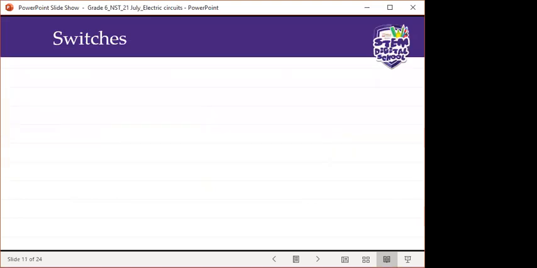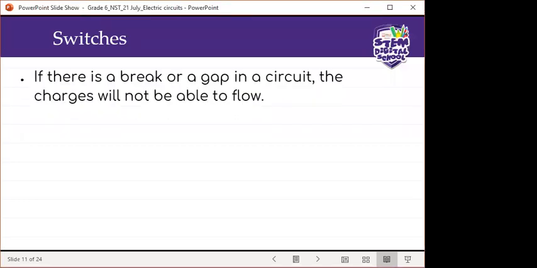Okay, so now we are moving on to switches. Remember we said that switches are also called process devices in a circuit. Let's see the information that we have on switches. Okay, Mokona, I see your hand is up. Right, so if there is a break or a gap in a circuit, the charges will not be able to flow.